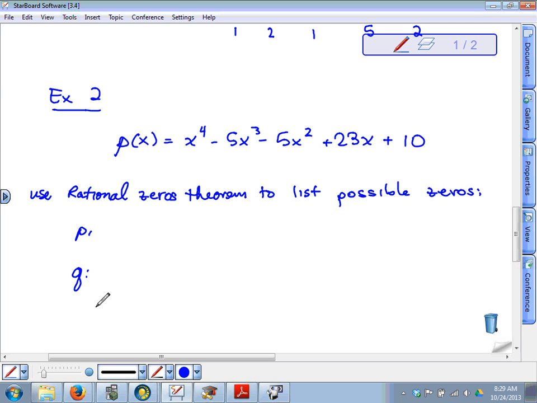So what are the factors of p? What is p, first of all? 10. P is 10, the constant. So factors of that are plus or minus 1, plus or minus 2, plus or minus 5, plus or minus 10.